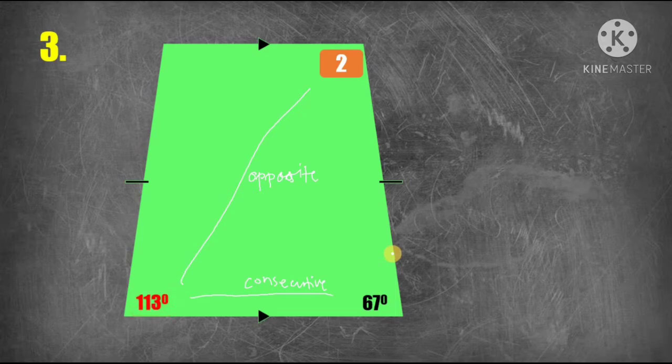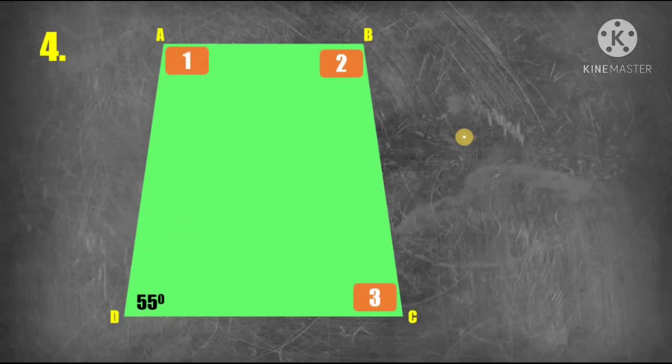The answer for number 1 is 113. The solution is simple also: 180 minus 67 is 113. Number 2 is 113 since it's opposite and it's congruent.